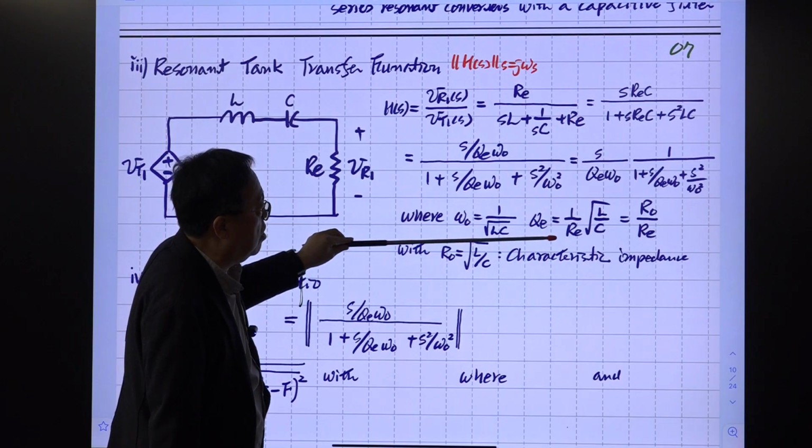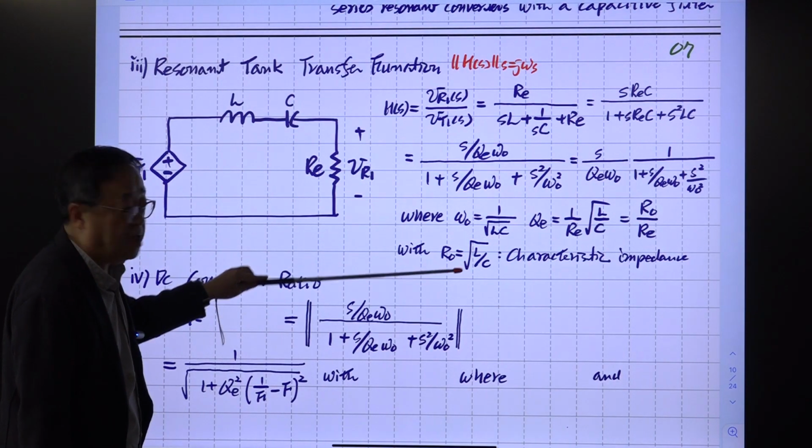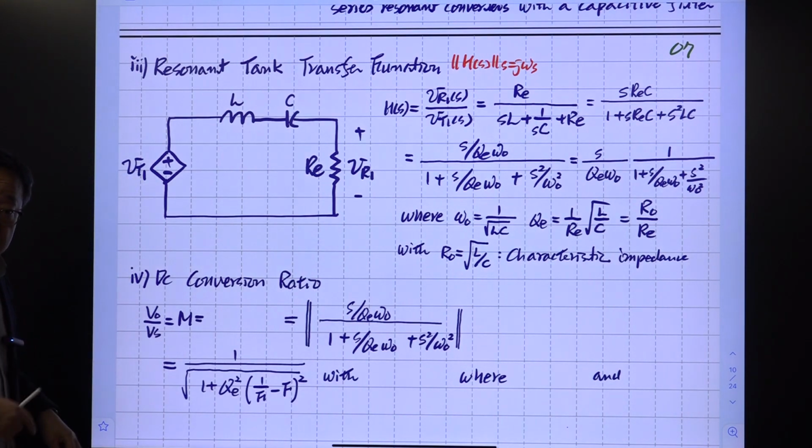This is the quality factor, given by this ratio of L divided by C inside of this square root, which is the characteristic impedance, right? Previously, we used the notation Z0 like this, but sometimes we use R0, same thing. The dimension is just impedance, so we call it characteristic impedance.